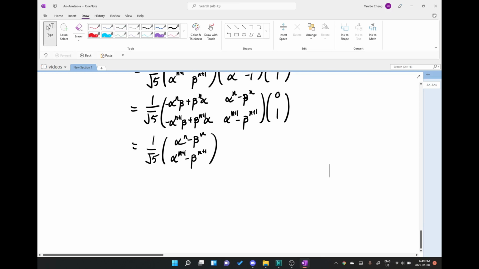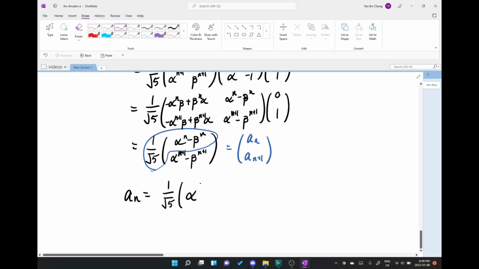And this is what we want, right? This is equal to x_{n+1}. And since we only care about the a_n term, as that's what we want, we only care about this, and we take that a_n is equal to 1 over root 5 times alpha^n minus beta^n.